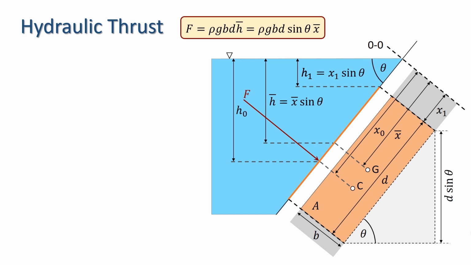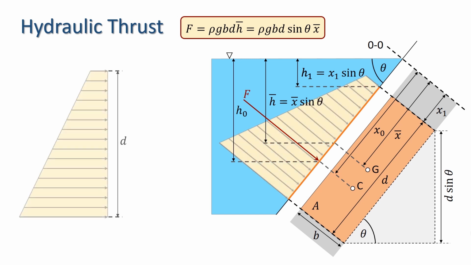Now let's turn our attention to the trapezoidal pressure diagram, which represents the distribution of pressure over A. Let the area of the pressure diagram be AP. The pressure at the top of A is ρg h1, and we can see from the geometry that h1 equals x1 sine theta, giving a pressure of ρg x1 sine theta, and the pressure at the bottom is ρg (x1 plus d) sine theta.